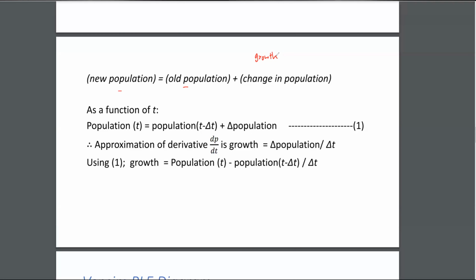The growth is given by dp over dt. Or, the other way of writing this is change in population over change in time.